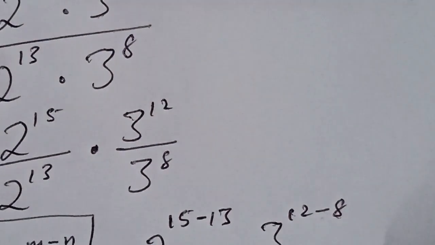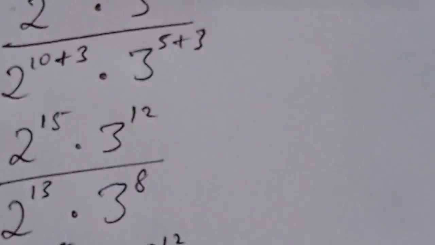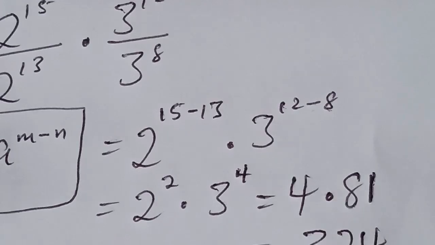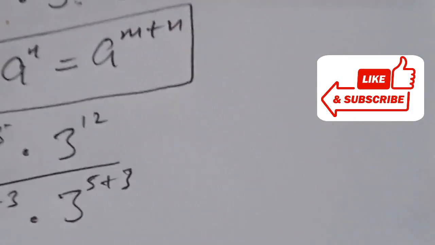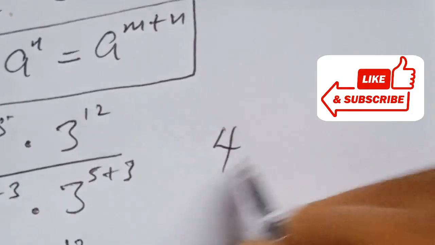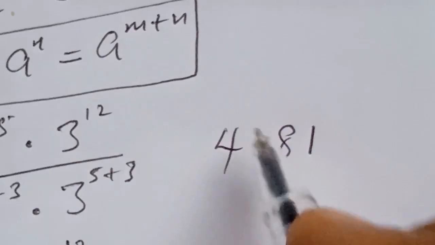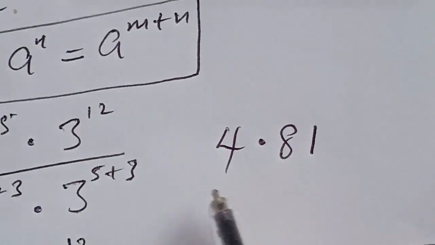If you have 4 multiplied by 81, here you can just break it down.